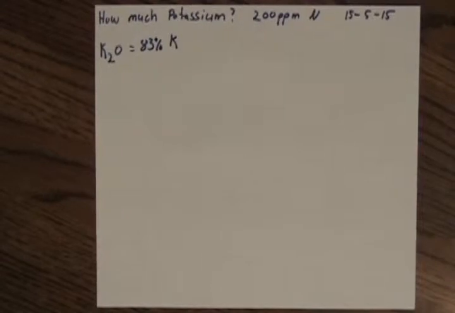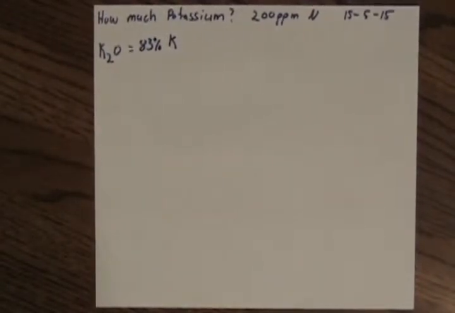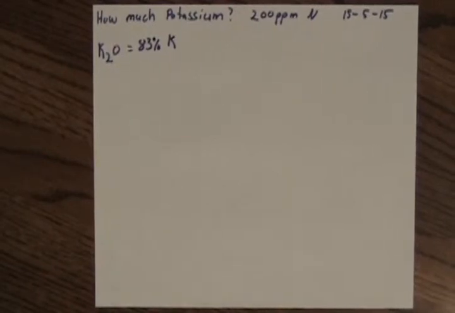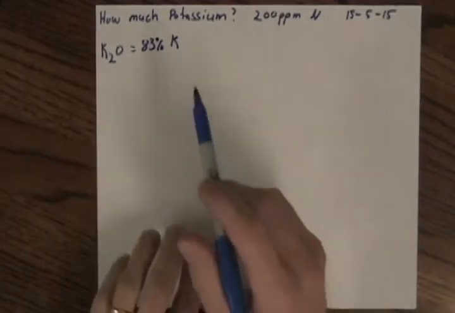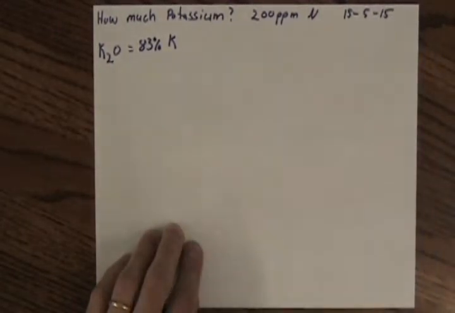Okay, the third and final part of this equation is we need to determine how much potassium we get when we mix 15-5-15 to give us 200 parts per million nitrogen. Now in 15-5-15 we know that that last number refers to potash, which is K2O, which is not all potassium. It's actually 83% potassium. So we need to figure out how much potassium we get in a 15-5-15.